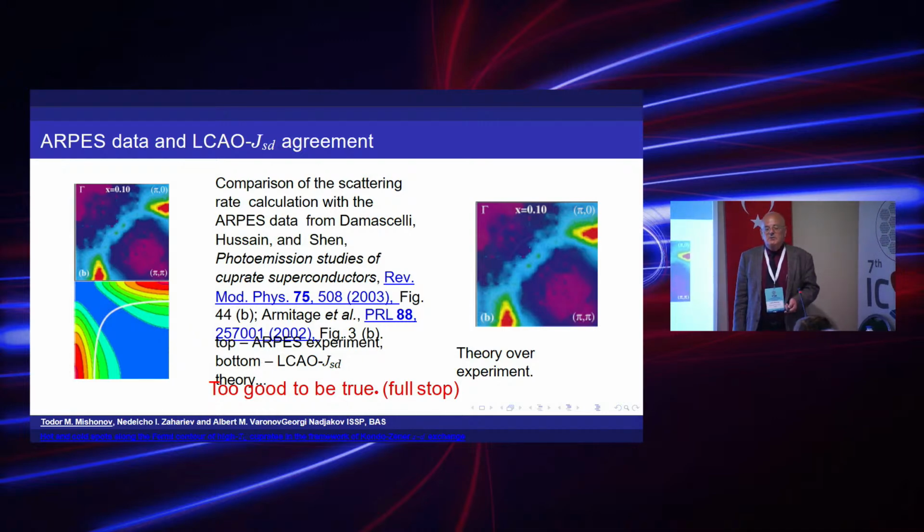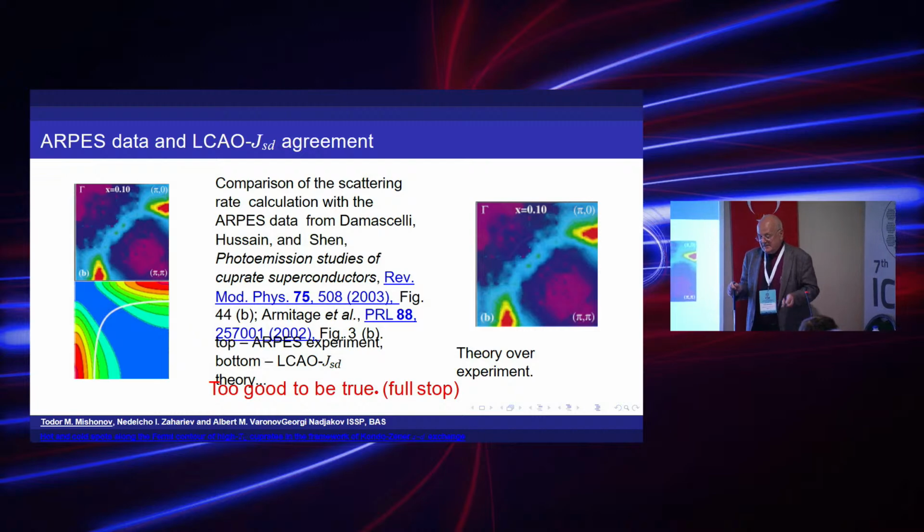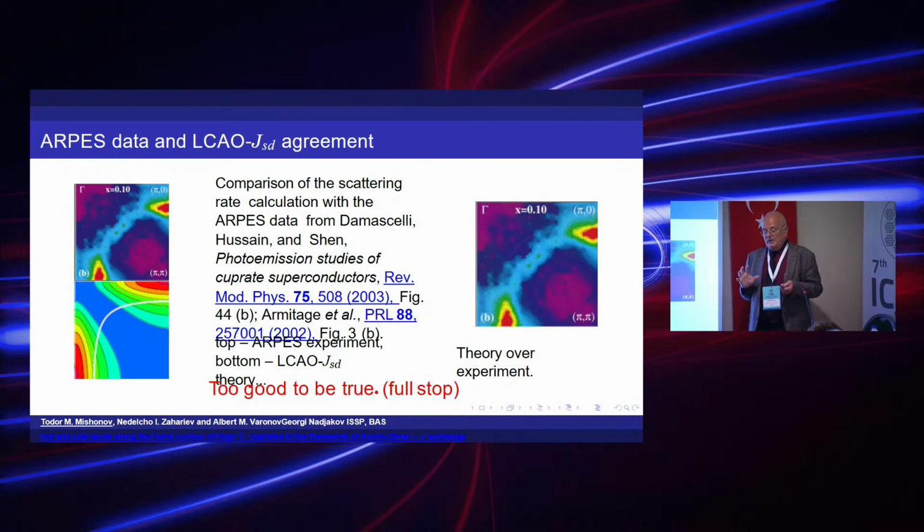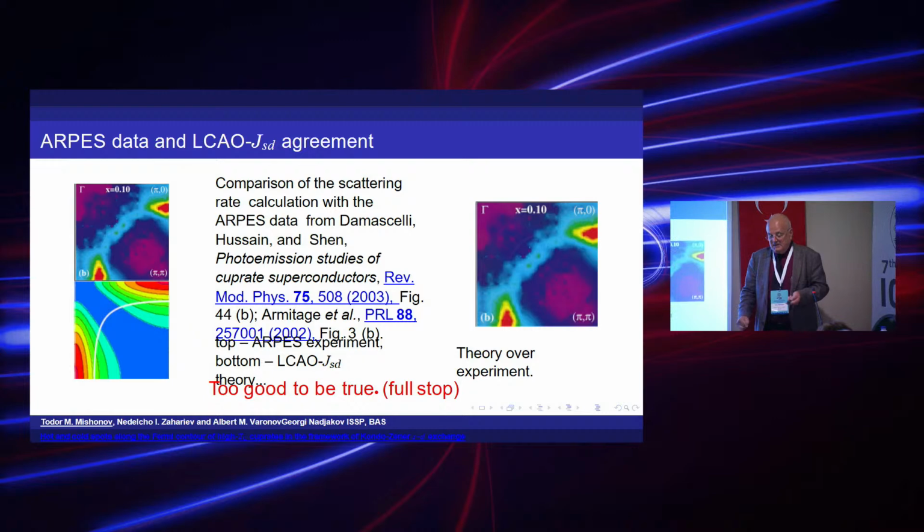So what is the final message of our presentation? One and the same microscopic Hamiltonian can describe the phenomenology of strong anisotropy of scattering of normal charge carriers, and simultaneously the pairing anisotropy of cuprates.